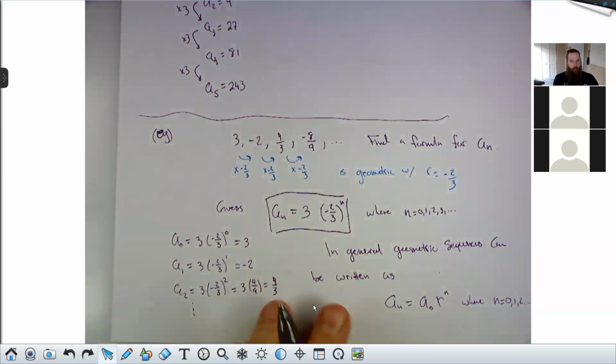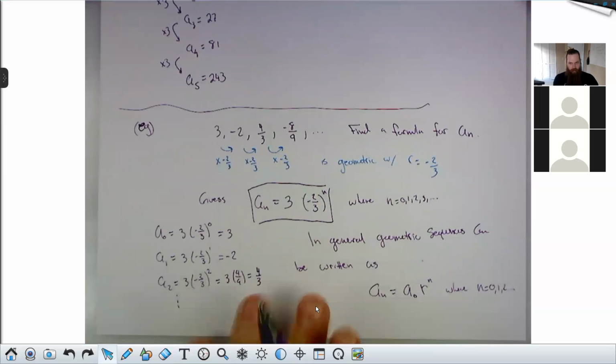All right. So what we've discovered here through this example with a little bit of help is that this particular sequence, 3, -2, +4/3, -8/9, can be written in this way. It's 3 times -2/3 to the n, where n runs from 0 all the way up to infinity, just taking natural number values.